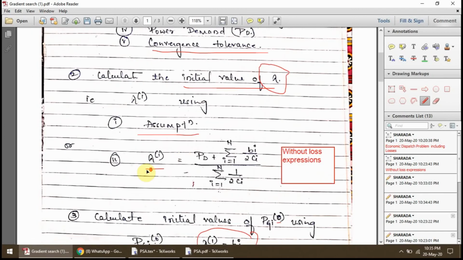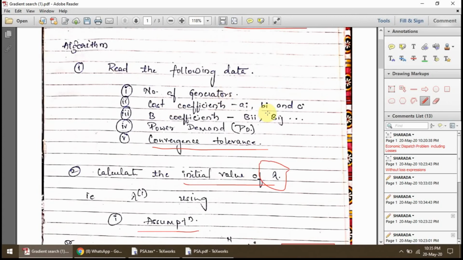But whenever you assume an initial value of lambda, make a note or specify what value of lambda you have assumed. So make sure that your assumed value of lambda is somewhat nearer to the BI value.